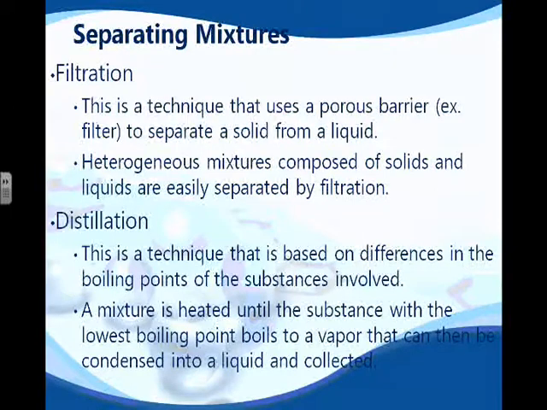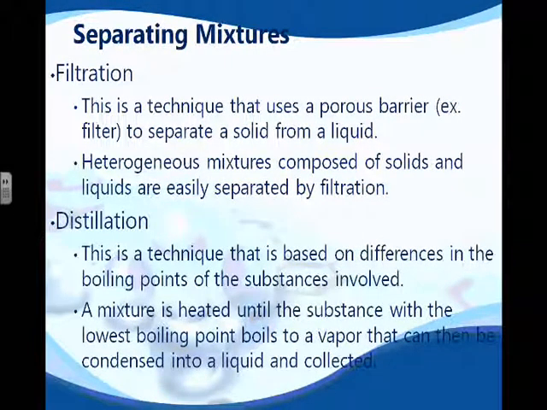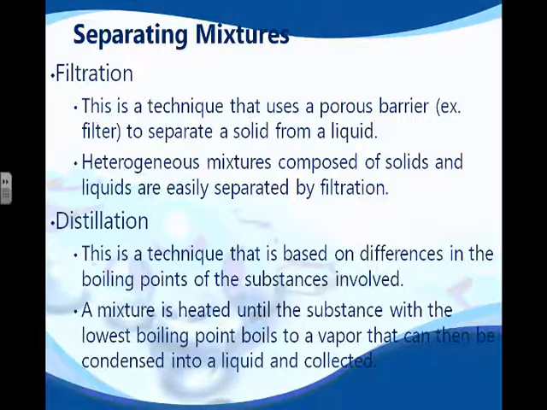That gas rises up, goes into a condensing tube, which cools the vapor back down, and it can be collected in another beaker or another container. So by heating up this solution, you can separate out the substances because they have different boiling points. And the one with the highest boiling point remains in the original container.